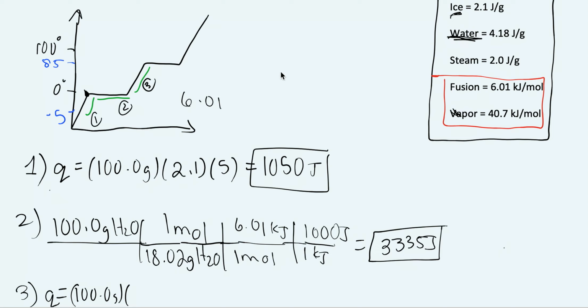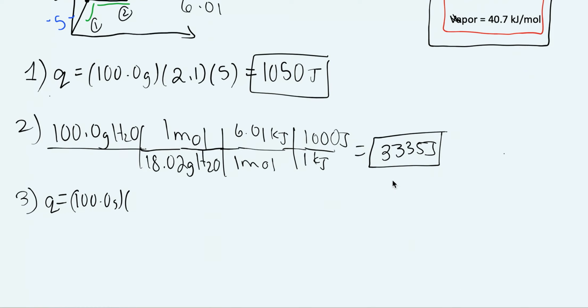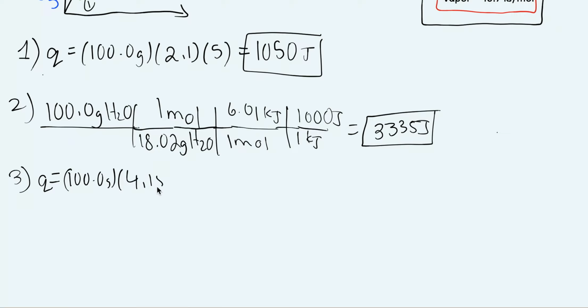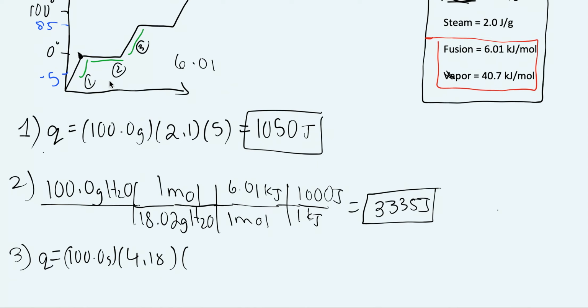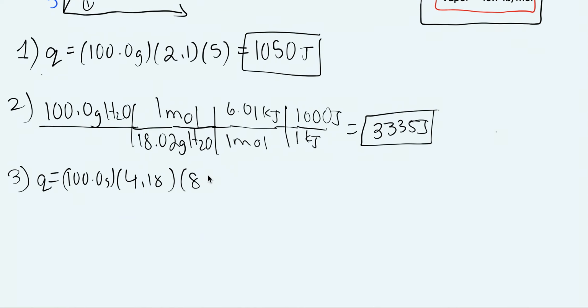The section from 0 to 100 is water, so we will use this value for our C, 4.18, and our temperature change to go from 0 to 85 is 85. 85 minus 0 is 85. And when you plug that into the calculator, you will get 35530 joules.